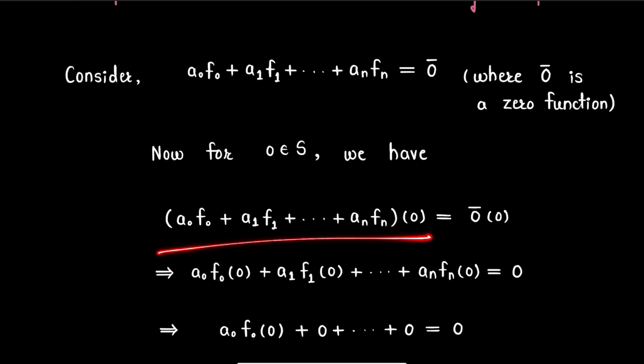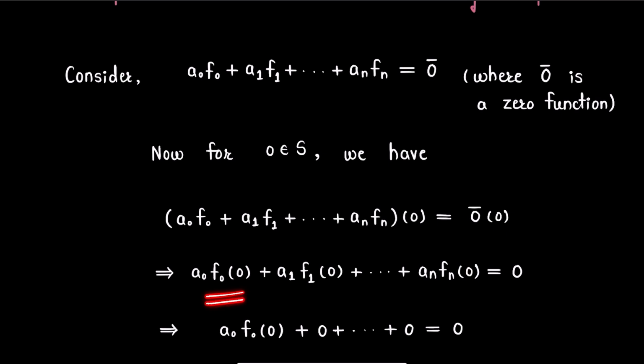Now, here we get instead of 0 all over there will be 1. So, a0 f0 of 1 plus a1 f1 of 1 plus and so on plus an fn of 1. Now, clearly f0 of 1 will be 0. Here f2 of 1 will be 0. Similarly, here fn of 1 will be 0.